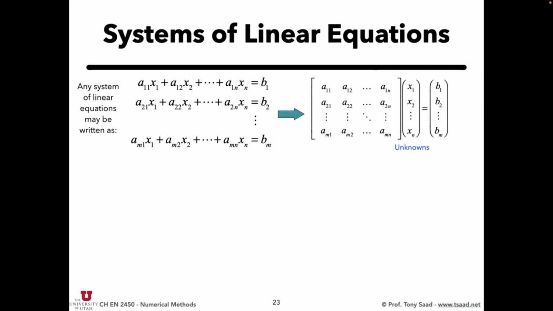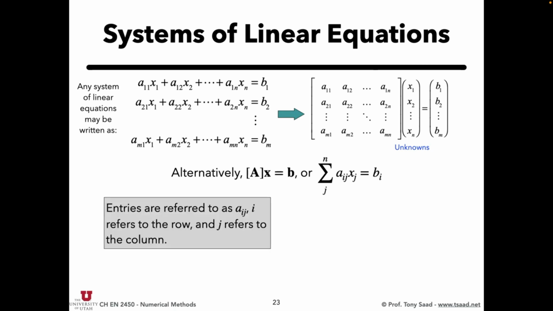If I tell you aij is one of the coefficients in the matrix, that indicates where that coefficient is located. Typically, the first index is the row, and the second index is the column.